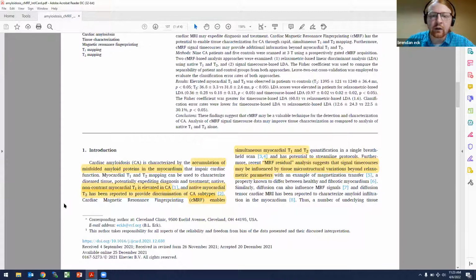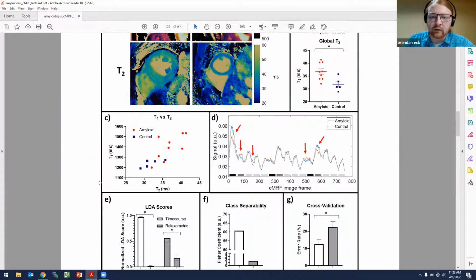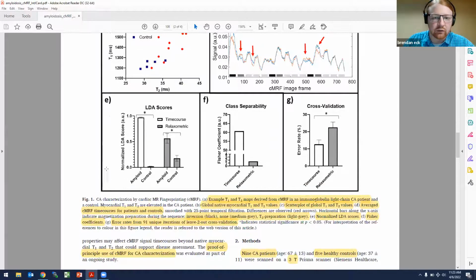And similarly, there are other effects that can also influence MR fingerprinting signals. So diffusion can be one of these, and diffusion tensor cardiac MRI has been reported to characterize amyloid infiltration in the myocardium. So there could be a number of factors within the tissue itself that influence the magnetic signal evolution.